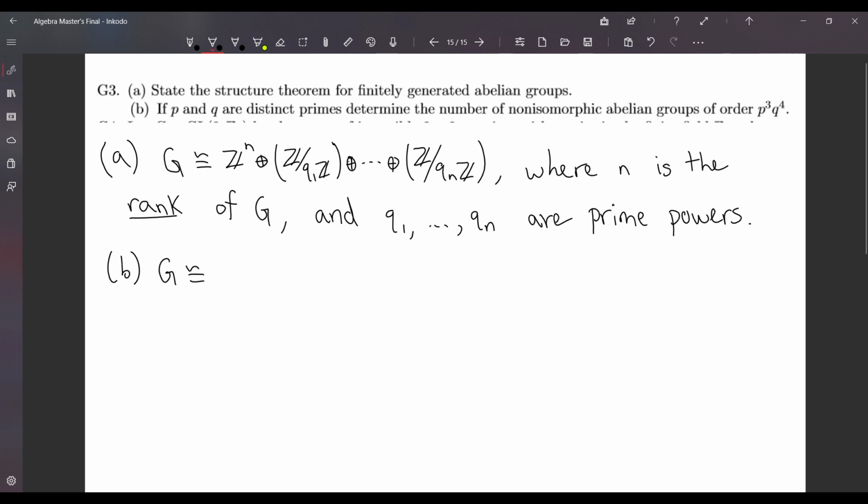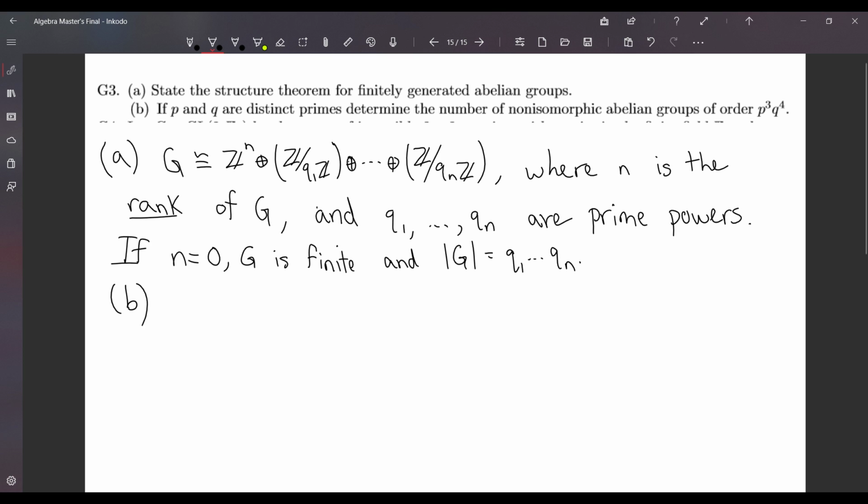And now I should mention here that in the finite case, if n equals 0, then G is a finite group and the order of G is equal to the product of q1 through qn.